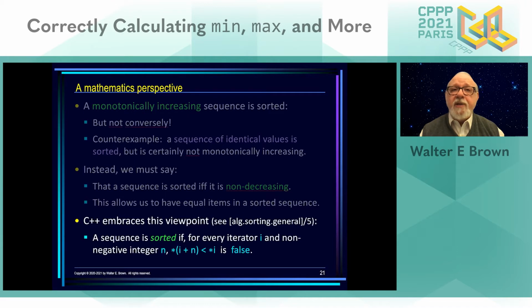C++ actually embraces this viewpoint, and there's the citation, if you care to look it up, because it says that a sequence is sorted if, for every iterator I and non-negative integer n, indirect I plus n less than indirect I is false. Okay? In other words, it's non-decreasing.